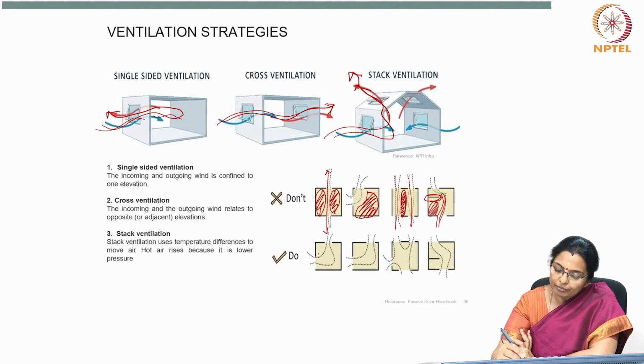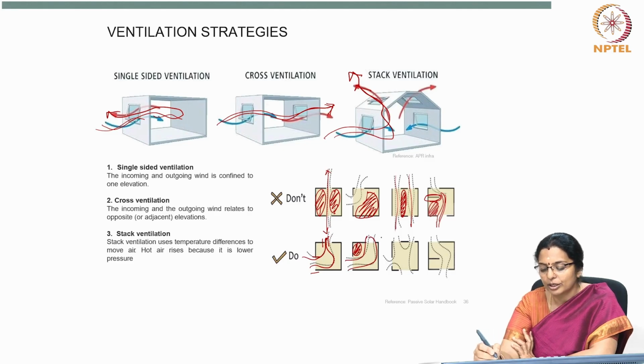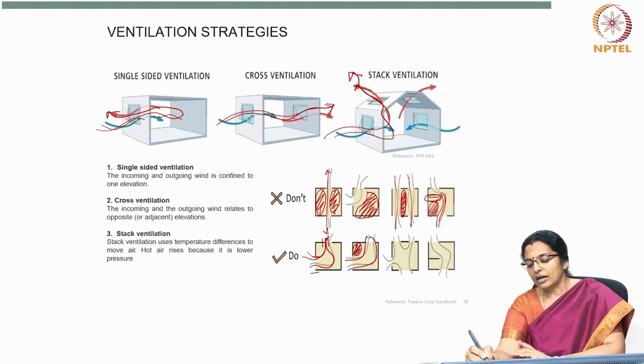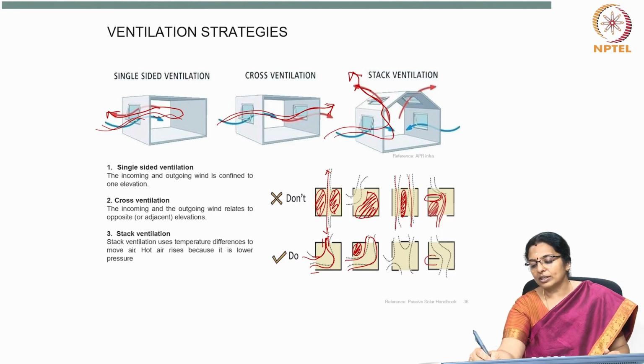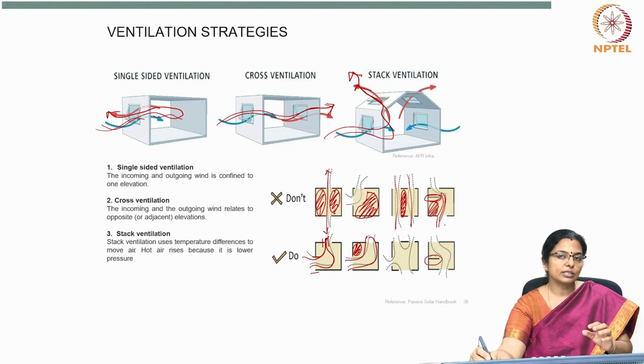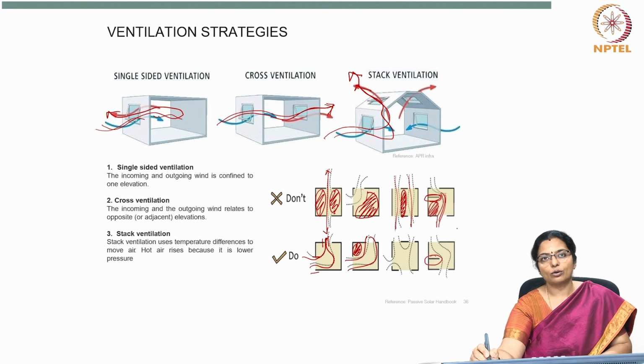You could position the windows in such a way, the inlet and the outlet, so that it does not cause primary wind shadow region. There still will be, but it will be too less. And location of wind wall is important in causing less wind shadow region.